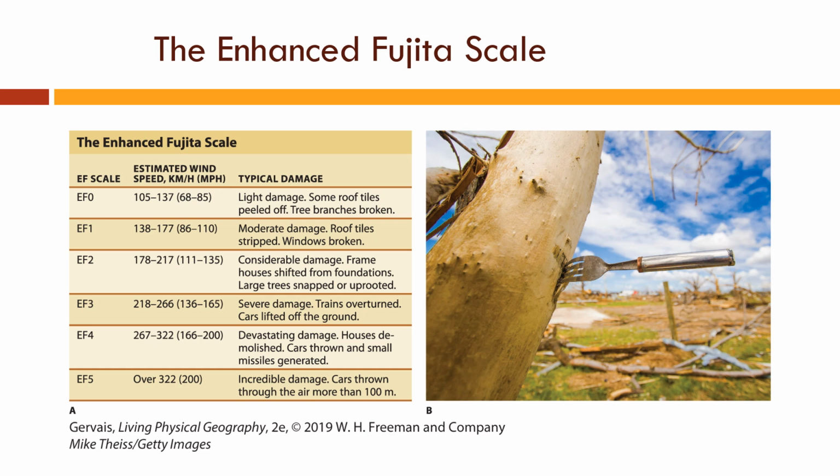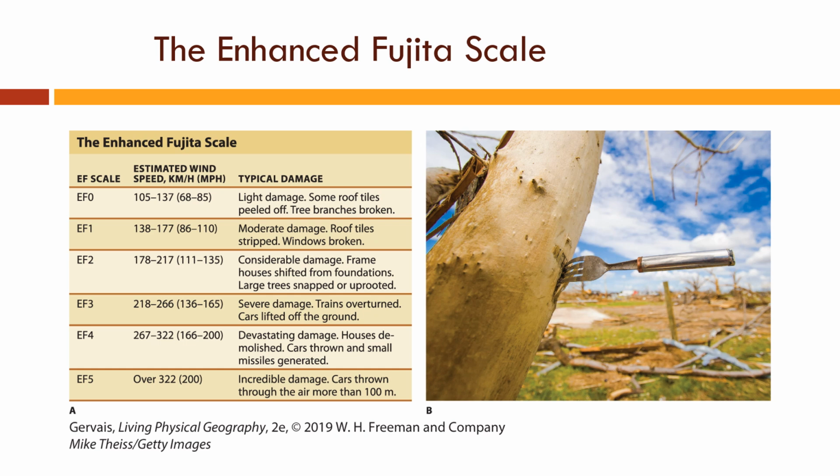If you look at our chart, notice that it says these wind speeds are estimated. That is because none of our instruments actually survive a tornado's internal wind speeds. So we don't know exactly how fast they are on the inside.